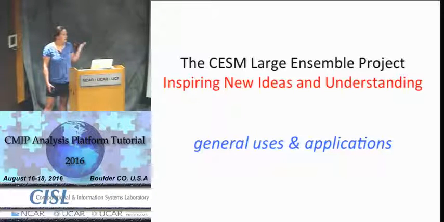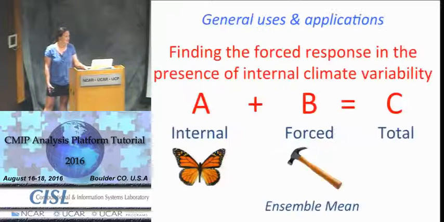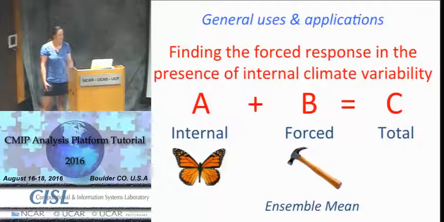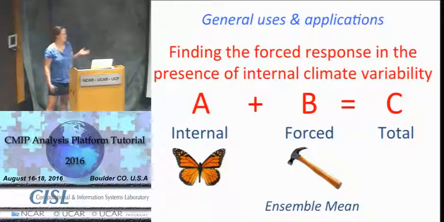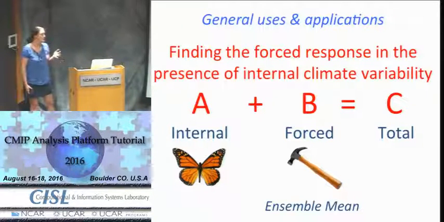Now I'm going to tell you a little bit about just some general uses and applications of the large ensemble project. One of the most basic ones is to just find the forced response in the presence of internal climate variability. So it's a really simple equation. You can think of any one of these trajectories, any one of these ensemble members. Their climate history is really a sum of 2 things.